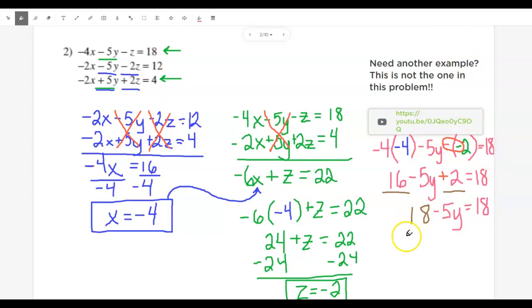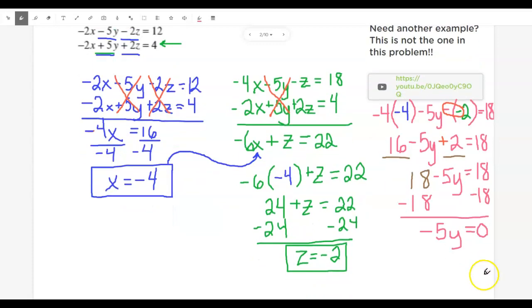Move that 18 to the other side to get that negative 5y by itself. And you might be thinking, what if I have nothing left on the right side? Well, 18 minus 18 is 0, which is fine. That's allowed.